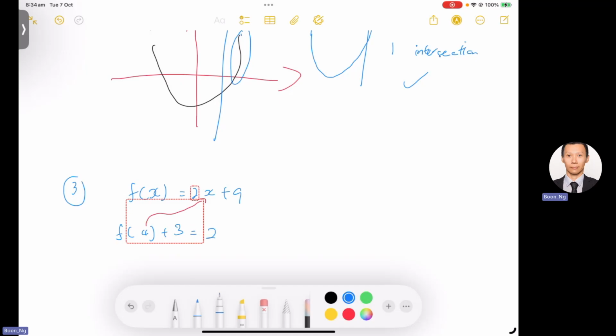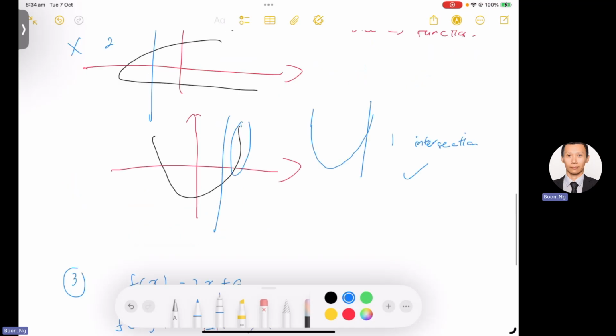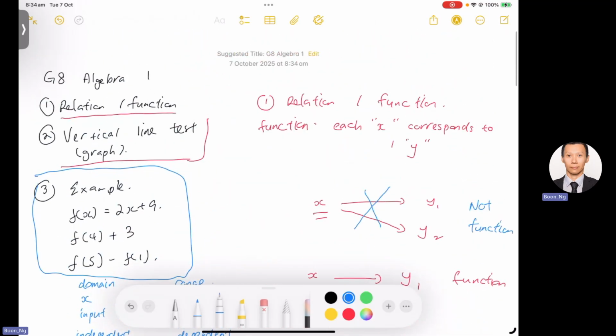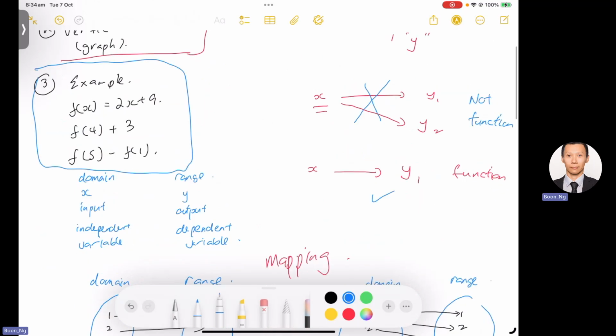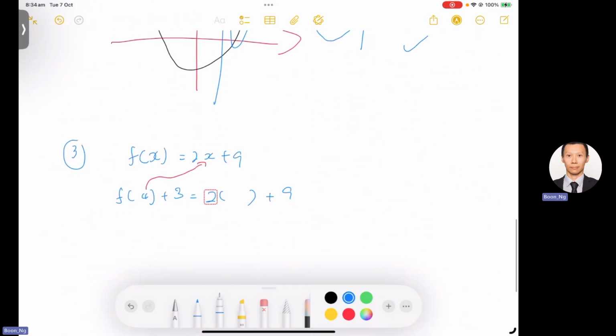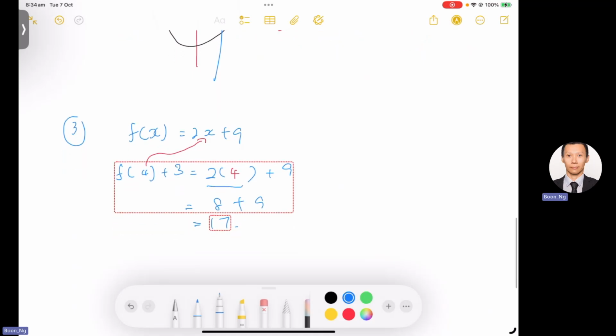So it's 2 times 4 plus 9. So 2 times 4 is 8, plus 9 equals 17. All right, that's how you work it out.